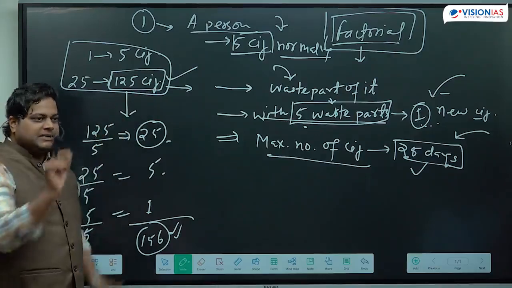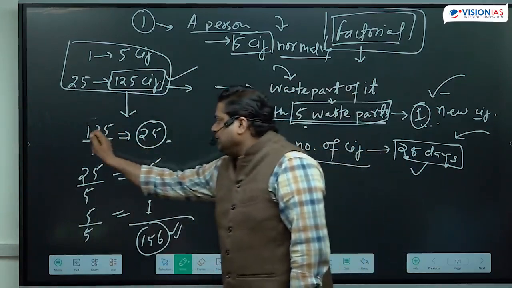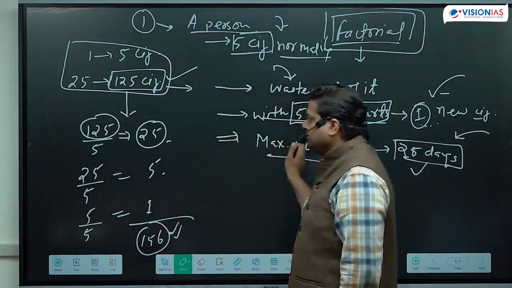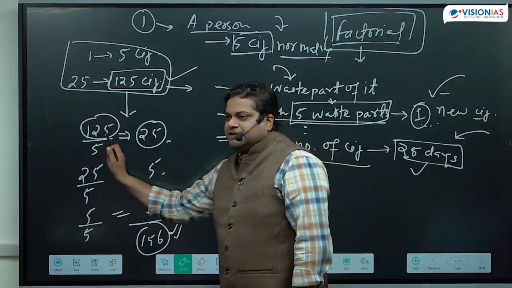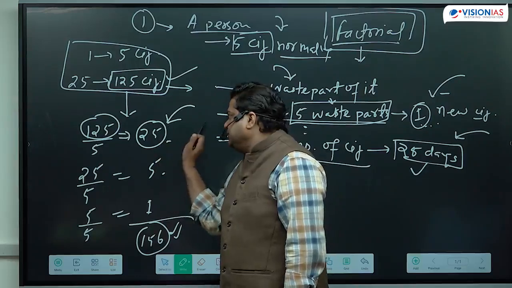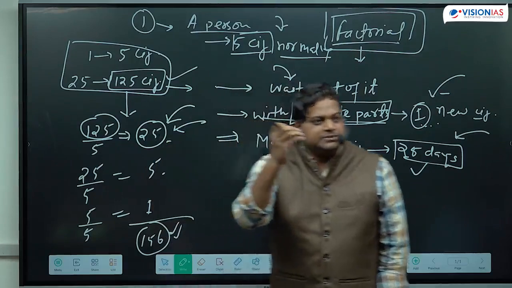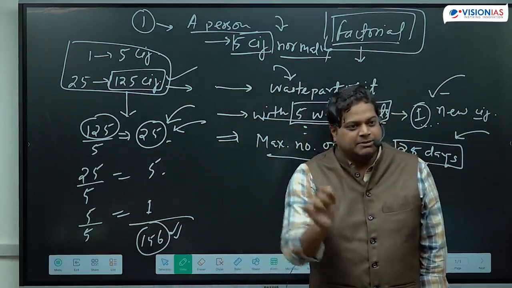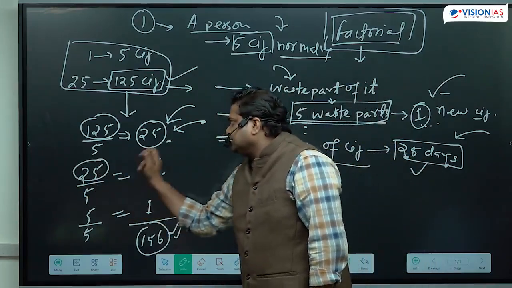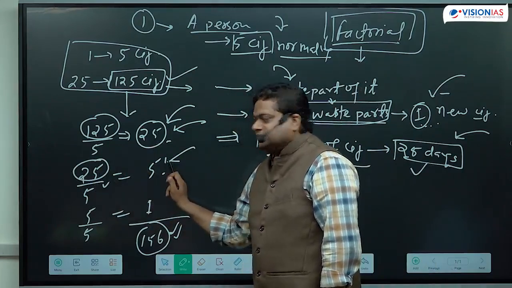So ये जो 125 cigarettes 25 days में that person is going to smoke or have smoked. How many new cigarettes he can make? अब 125 में सब में waste part बचाया होगा थोड़ा थोड़ा. So this 125 से अब 5 waste parts से 1 new cigarette. So 125 से how many new cigarettes he can make? 25. अब these 25 cigarettes, these are new cigarettes. इसको भी that person is going to smoke. उसमें से भी बचाएगा some part of it. So these 25 cigarettes से again 5 new cigarettes.